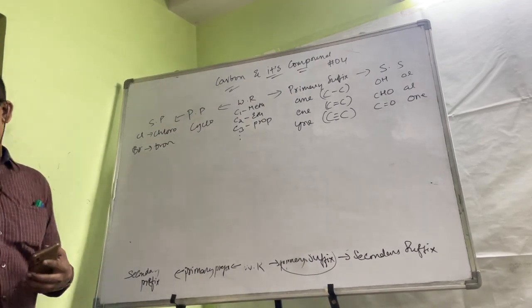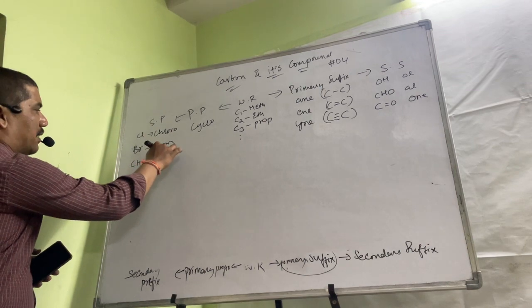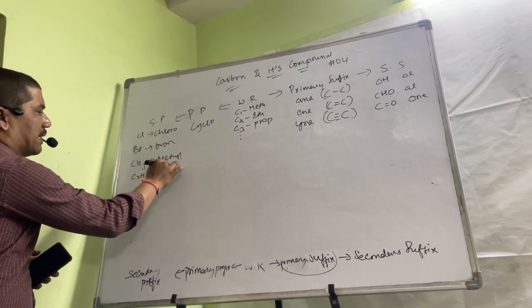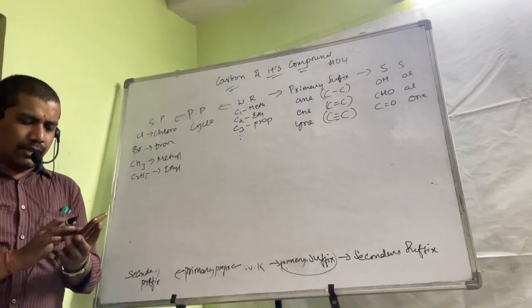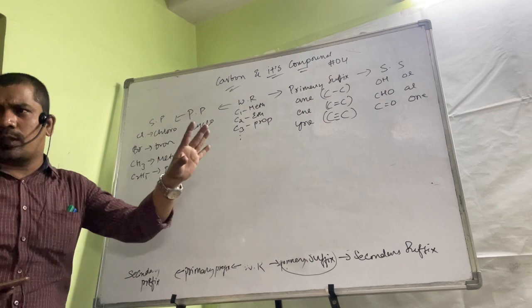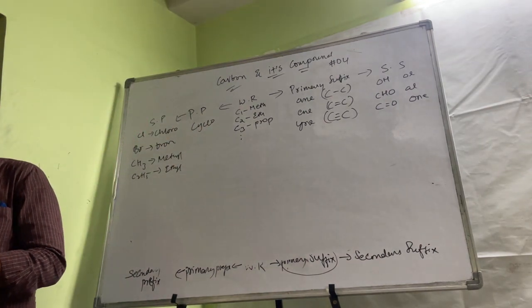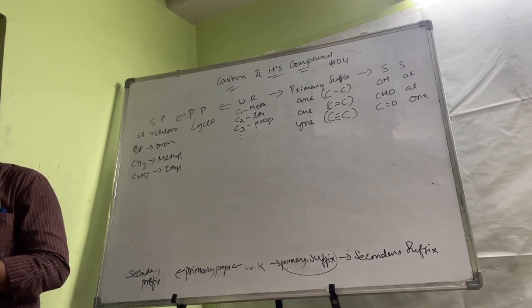Okay? Right. If CH3 given, methyl. C2H5 given, ethyl. Getting idea here? Right? So got in short all the 5 topics? Right? Observe shortly that all.